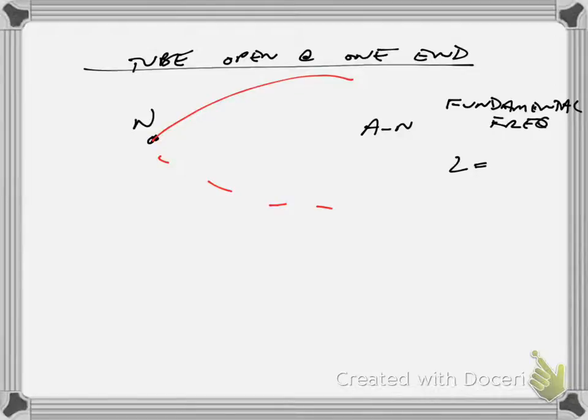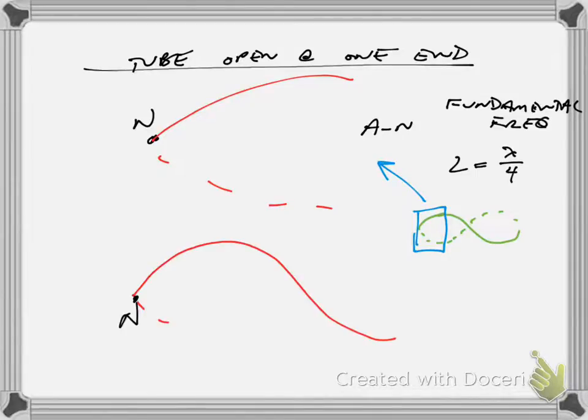And so the very first standing wave will be produced in this configuration, which you can imagine is 1/4 of a wavelength. And again, here the entire wave, and the part that's shown by this geometry is highlighted in blue. And so the fundamental frequency for a tube open at one end is 1/4 of a wavelength.